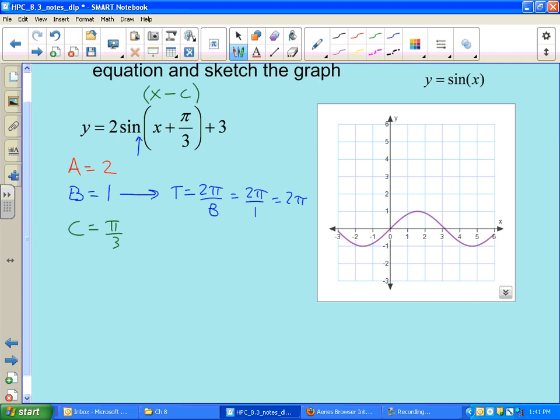Let's go to the left. But if we're looking at it like this, we're going to say a plus pi over 3 means my phase shift tells me my graph goes left by pi over 3 radians.